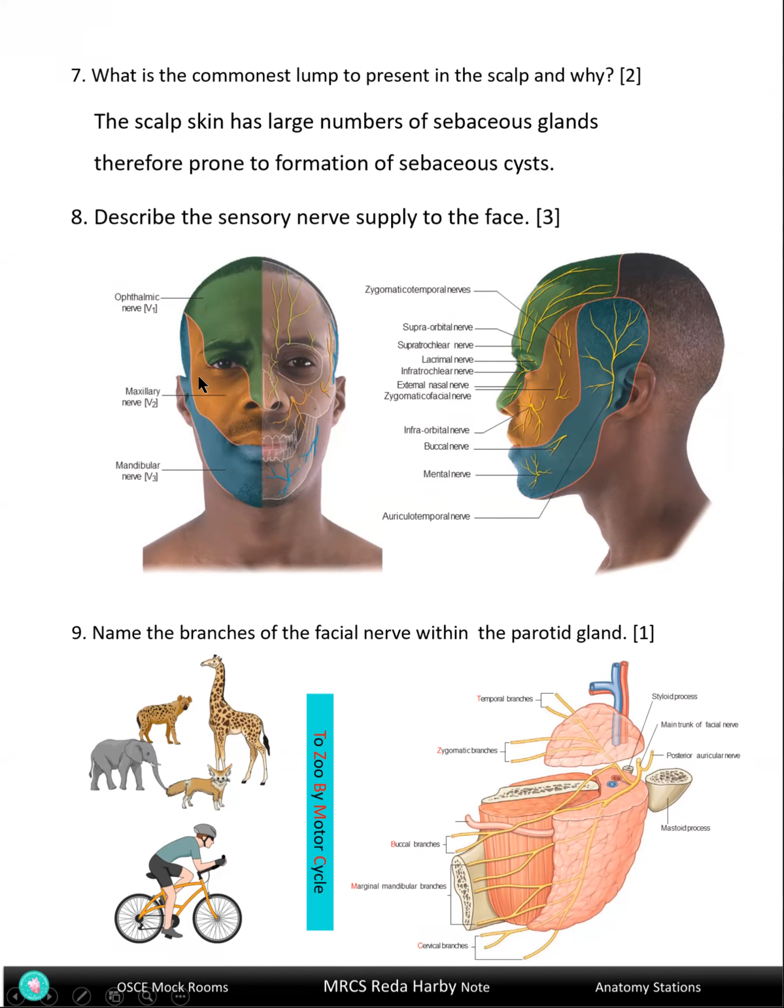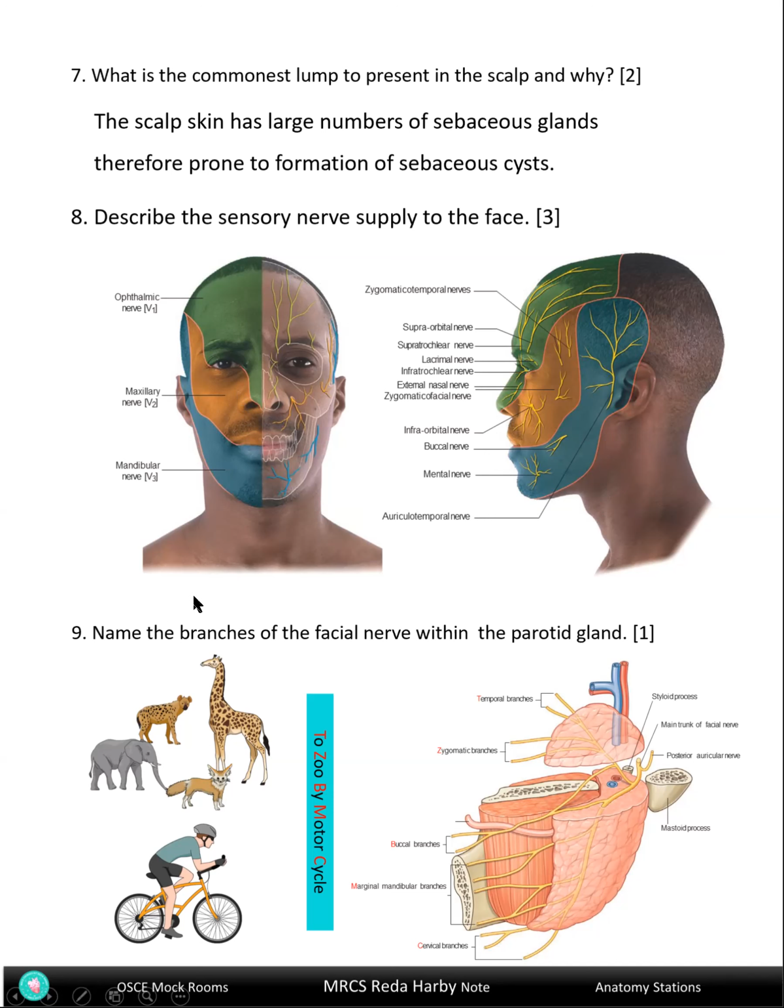From the lower eyelid to the upper lip it's maxillary, and below that, mandibular. Except the angle of the mandible, which is supplied by the great auricular nerve, C2, C3.